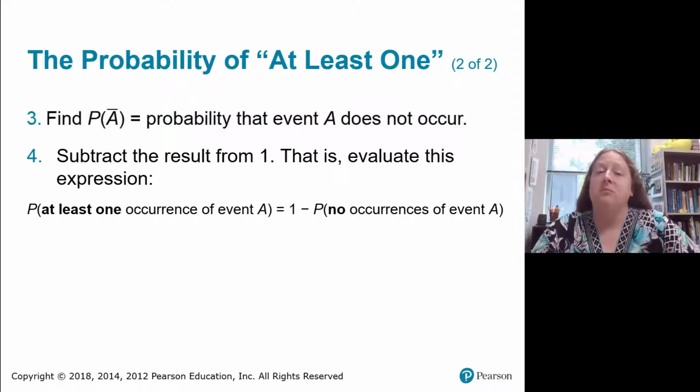So then we'll find the probability of A complement, so the probability that A does not occur. And that'll give us the probability that none of that event occur. So if we subtract that result from 1, we take 1 minus the probability that it does not occur, that's going to give us the probability of at least 1.